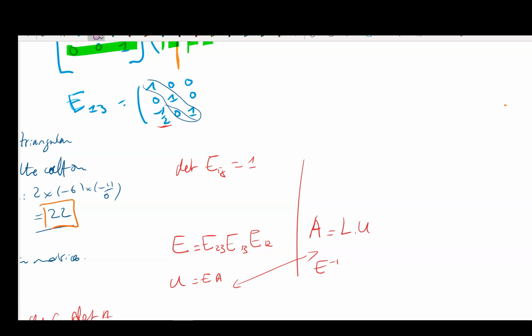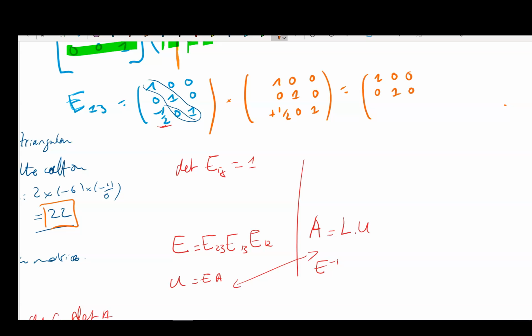So let's give it a try. I keep the first two rows intact, and instead of subtracting, I'm adding 1/2 of row 1. What's happening now? If I multiply those two matrices, I get first row 1, 0, 0, and then 0, 1, 0.